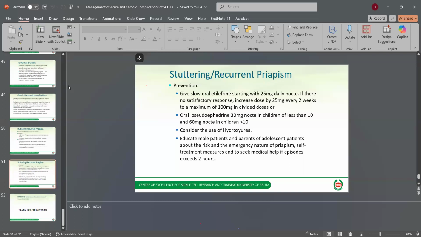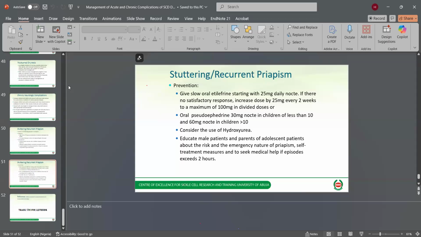So the second question is about how to diagnose pulmonary hypertension. Okay, pulmonary hypertension. Of course, as we mentioned earlier, if you do not have facilities for right heart catheterization, we will refer to those centers where it can be done, and usually it's done by the cardiologist.